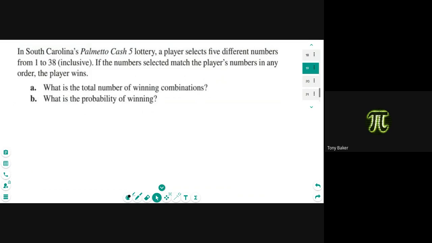It doesn't matter the order they're coming out because on your ticket, they're always in numerical order. So it doesn't make a difference the order that they come out. So in this case, this is going to be a combination because order does not matter. So I have 5 numbers I'm choosing out of how many? 38. So it's NCR is going to be 38 choose 5.